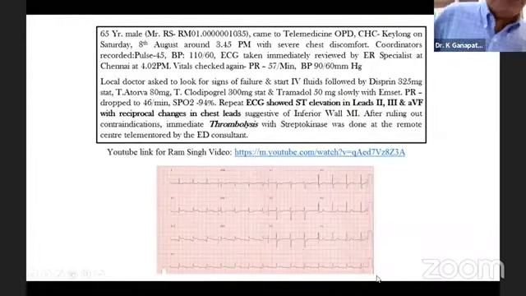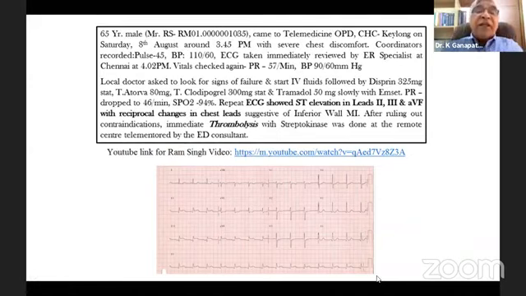Again, ladies and gentlemen, we run the world's largest tele-emergency center at 15,000 feet height in the Himalayas. Here is an example of a patient who developed a myocardial infarction. We picked up a myocardial infarction as it was evolving. The first ECG was normal, but my doctors are wonderful. They realized that the patient was not looking well.